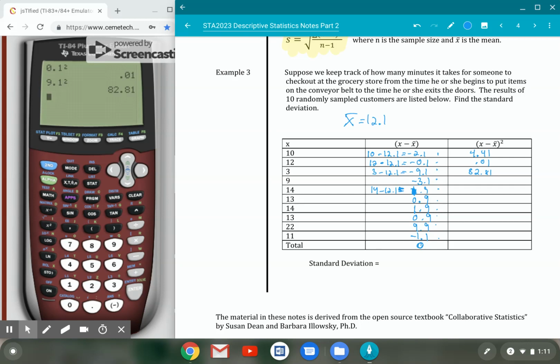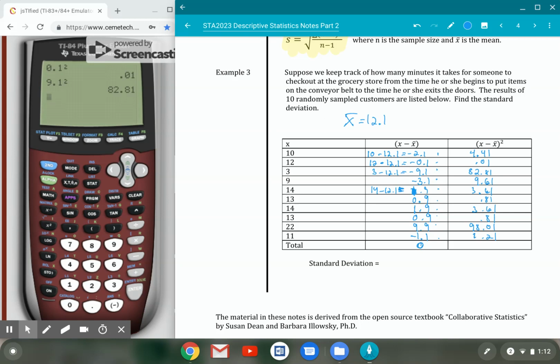So 3.1 squared is a 9.61, 0.81, 3.61, 9.9 squared is 98.01, and 1.21.